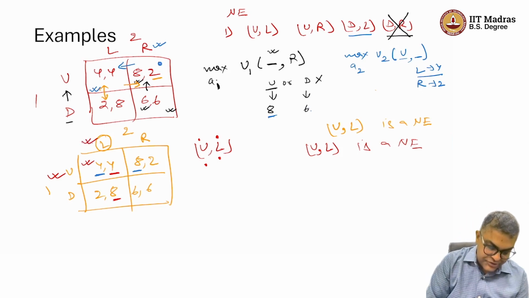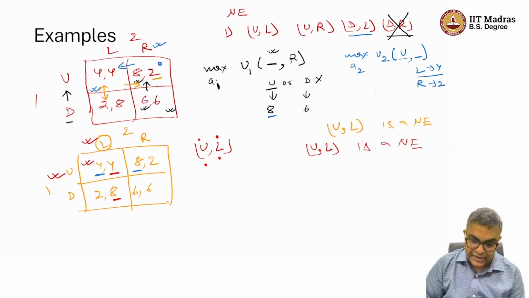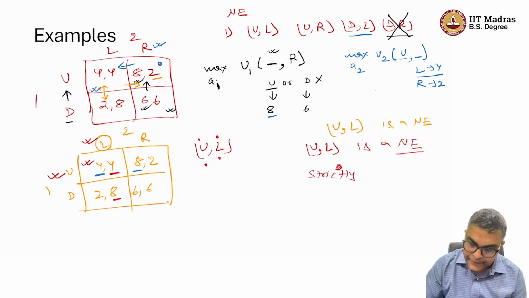Player 2 also has a strictly dominant strategy, and so this U comma L is not only a Nash equilibrium, it is also a strictly dominant strategy equilibrium. By the way, this is a good thing.